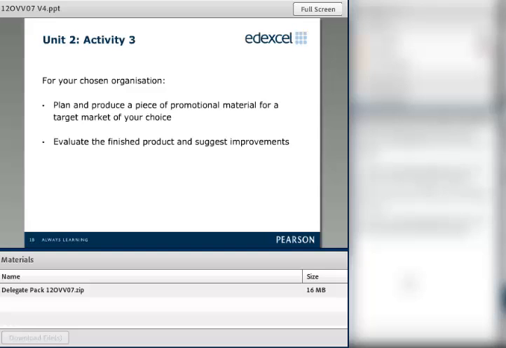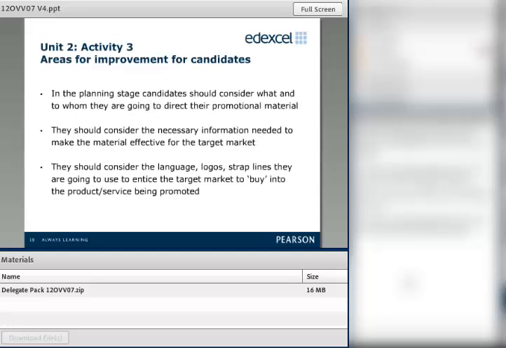Right, so for the promotional material itself, let's have a look at some of the common problems here. They need to include the necessary information.